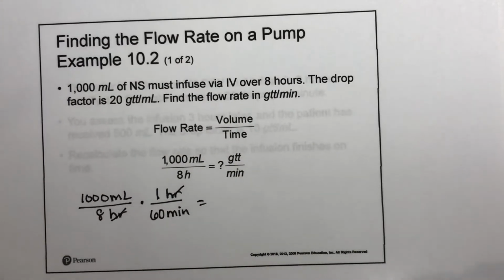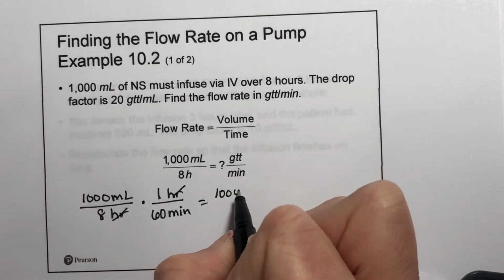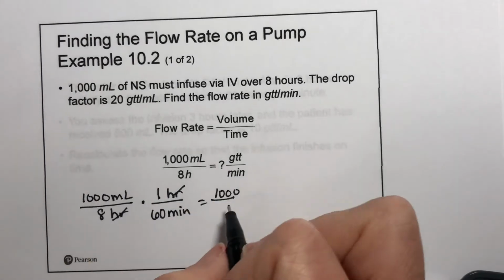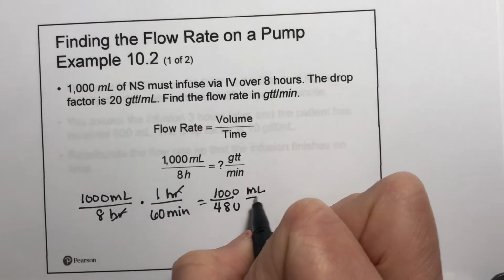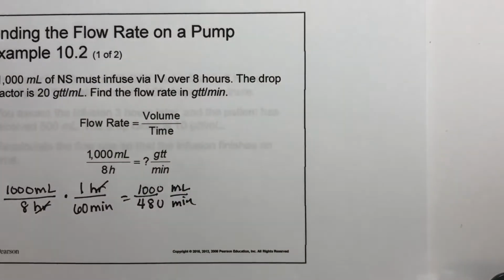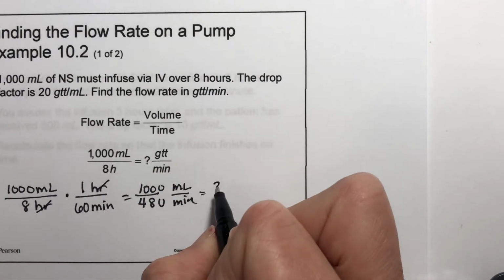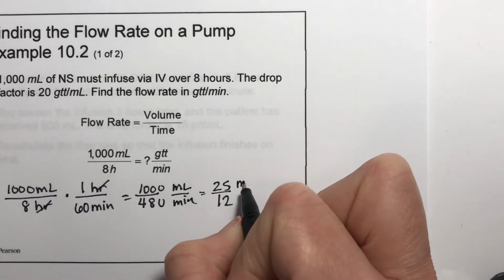It's going to be 1,000 divided by 60 times 8, which is 480. And we have milliliters per minute. And let's simplify that. And you get 25 over 12. All I've done is reduce that fraction.